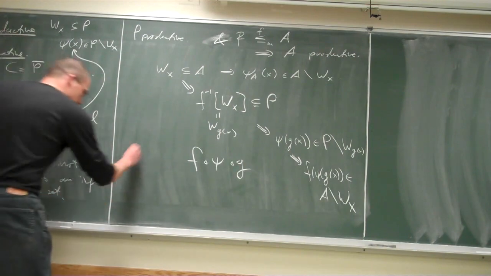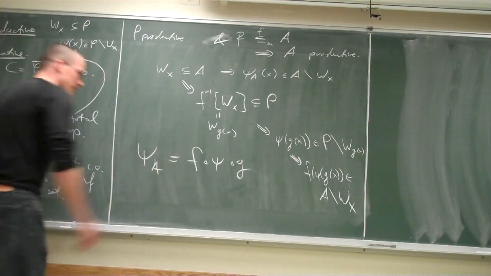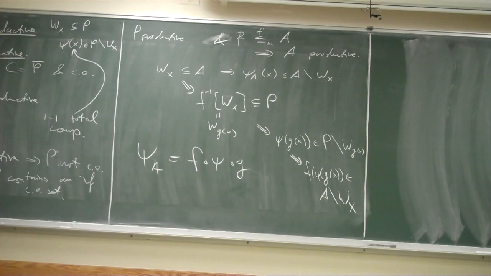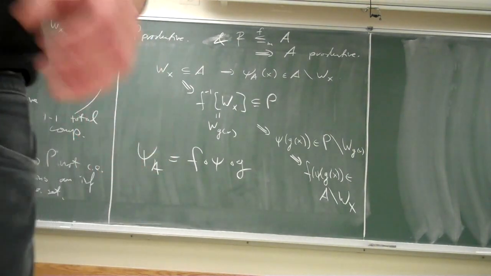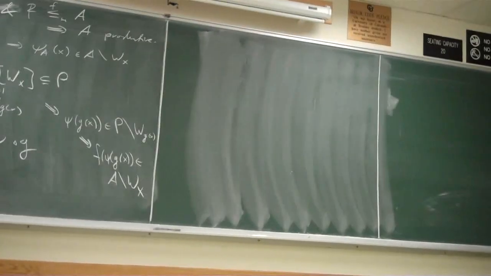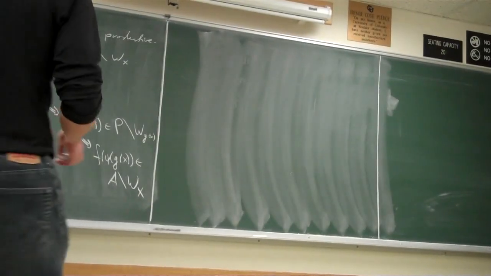Oh, I guess I should say. Good. So productive means you're not CE, you contain an infinite CE set, and it goes around like that. But it turns out things are even slightly better than that.